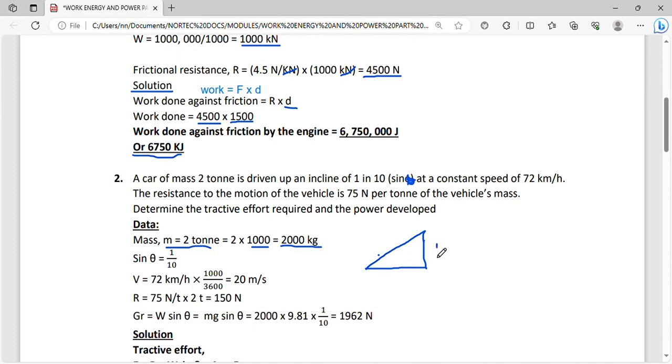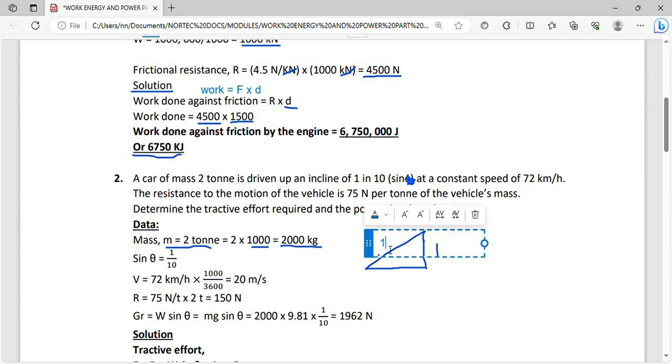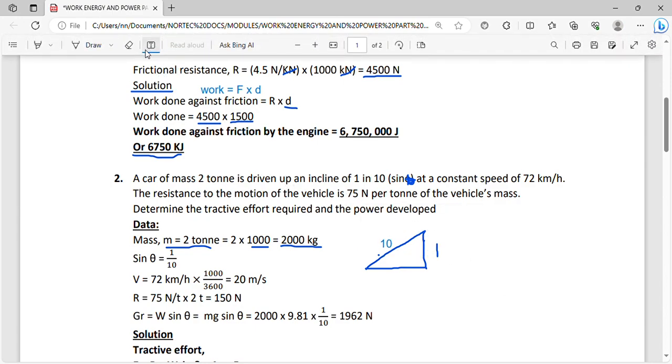So this is 1, and this is where the 10 is. This is 10, and this, put it there, that's 1.